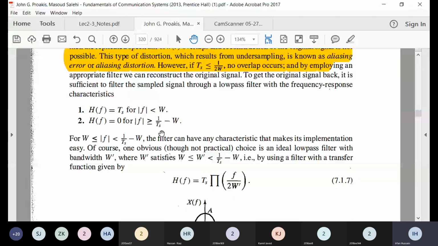That is why you multiply it with Ts, so that Ts cancels and you get back the original spectrum.